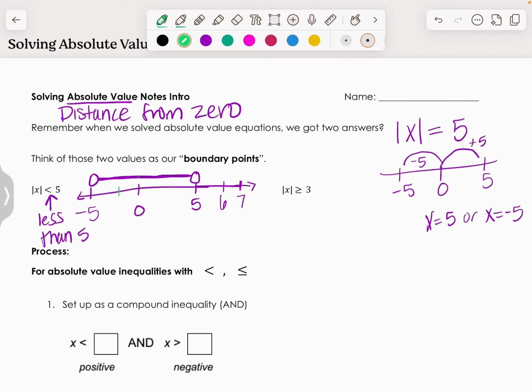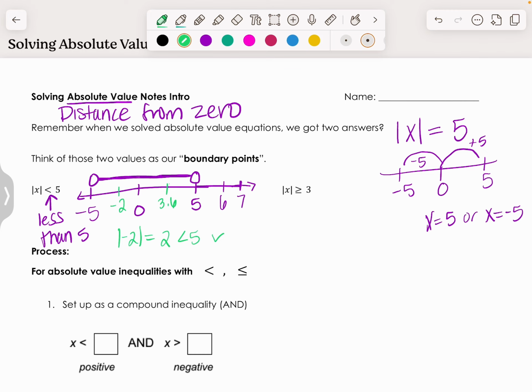For example, if you said negative 2, then the absolute value of negative 2 would be 2, because it's 2 away from 0, and 2 is less than 5, so that would be an answer. Or on the other side, 3.6 is 3.6 away from 0, and that is less than 5, so that would work.